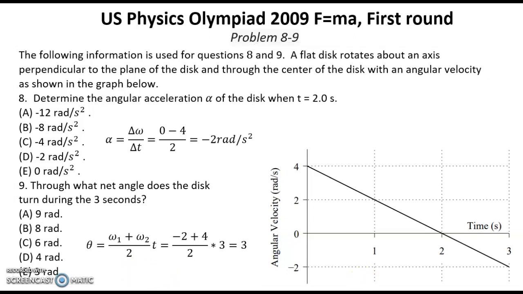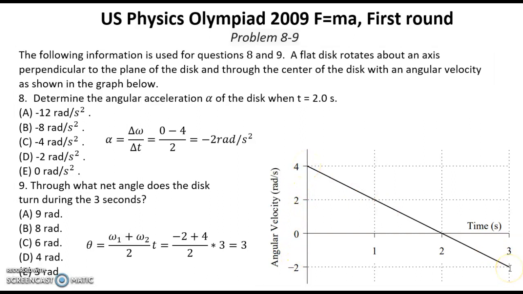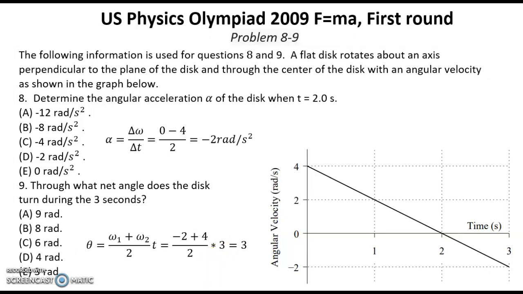We can choose time from 0 to 3 seconds, as in our question, and put in these angular velocities. Initial is 4 and final is negative 2. So that will be the solution: negative 2 plus 4 over 2 multiplied by 3. That will be 3 radians.